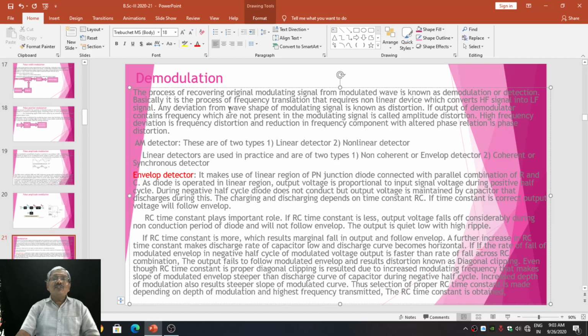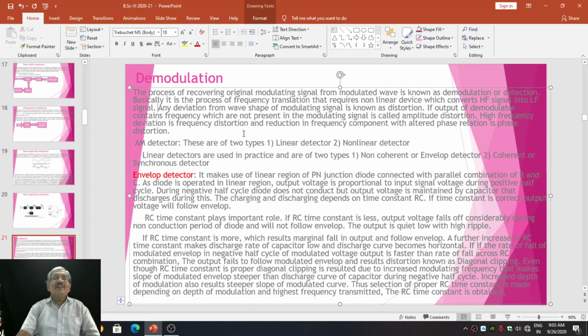Any deviation from the wave shape of the modulating signal that occurs after detection is called distortion. If the output of demodulation contains frequencies which are not present in the modulating signal, then it is called amplitude distortion.